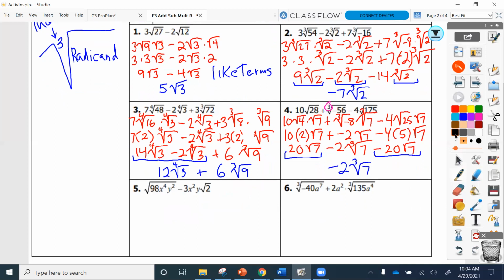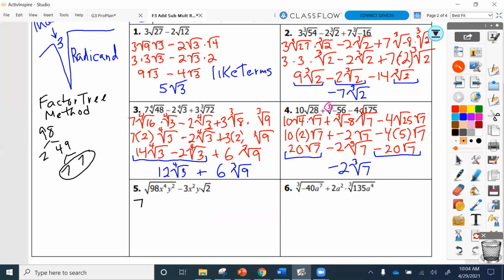All right, I promised that I would do it using factor tree. So let's take 98. 2 times 49, 7 times 7. So what we have here is a pair of 7s that can come out.